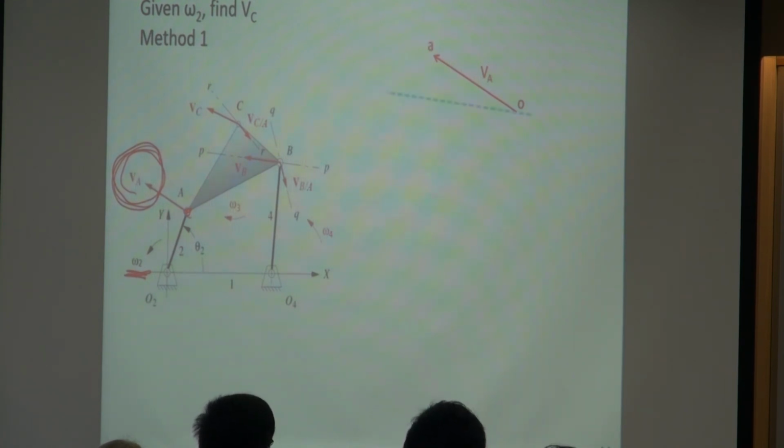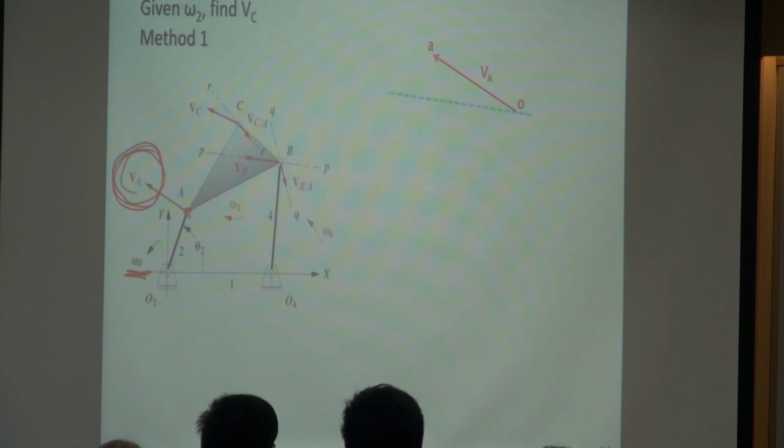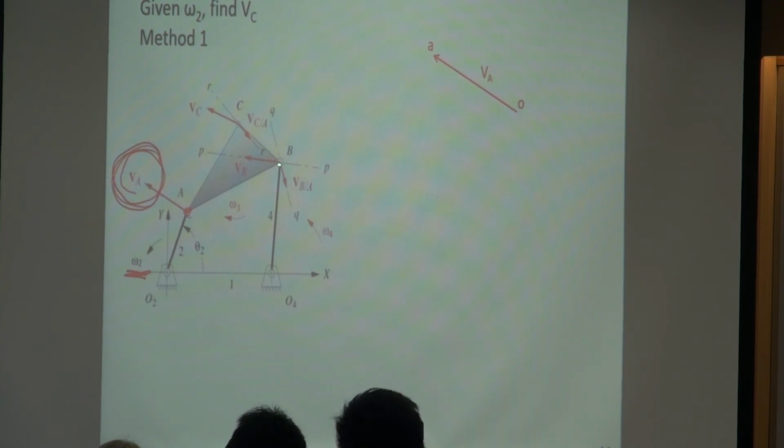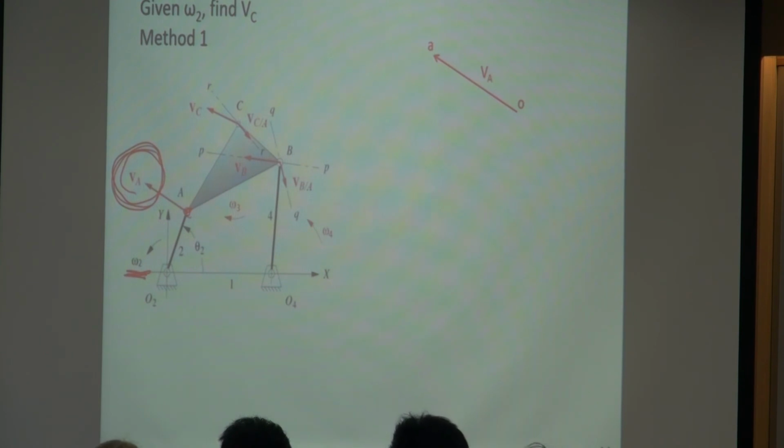Let's try to find VB, the velocity of point B first. I just label them with O and A. So I know this VA means from the origin pointing to the point A. I want to find the velocity VB first.